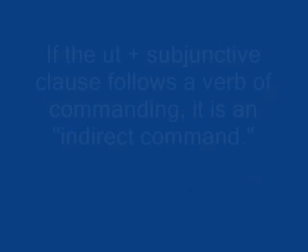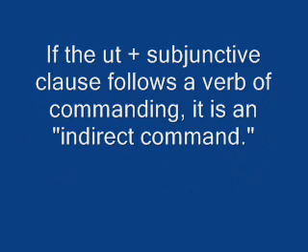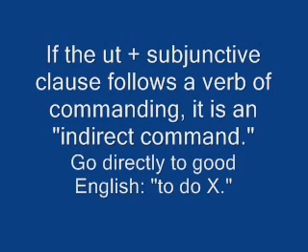Well, golly, this is really easy to recognize. You have a commanding verb, such as imperare, followed by ut plus the subjunctive. It is indirect command. Again, we just said a moment ago, how is that expressed in English? As an infinitive. To return home, to help him, to play.